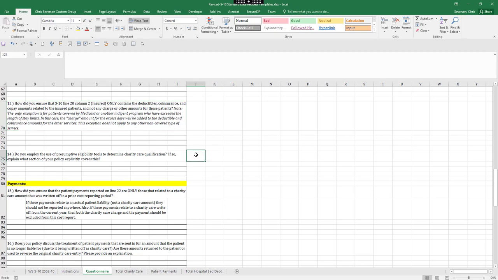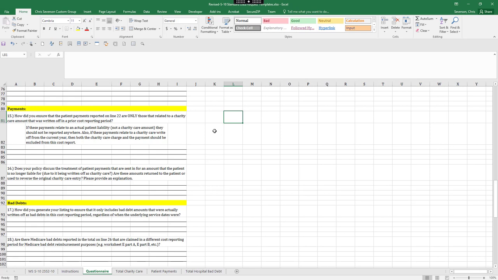Number 14, do you employ the use of presumptive eligibility tools to determine charity care qualification? If so, explain what section of your policy, your financial assistance policy, your charity care policy, explicitly covers this. It's only allowable if it's very clear in your policy that it's allowable.